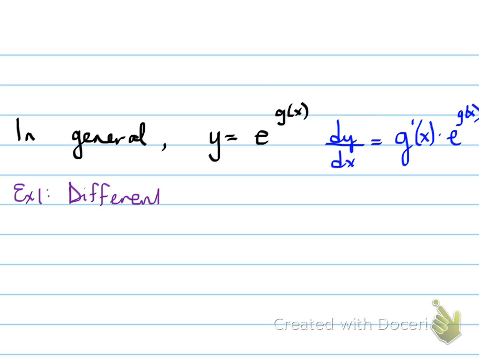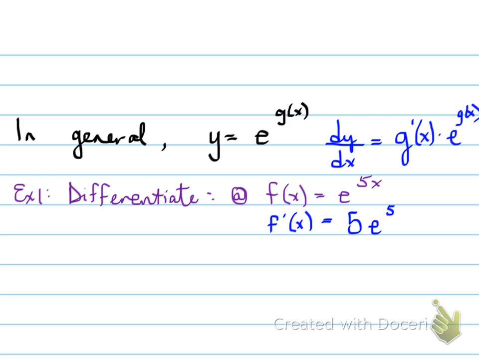Now, example 1, you're asked to differentiate some functions here. The first one is f of x equals e to the power of 5x. Well, the answer to that will be 5e to the 5x. Let's look at another one. y equals x to the 6 times e to the 2x. What do we do here?